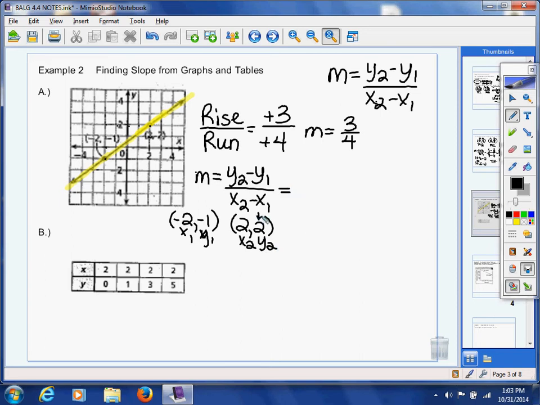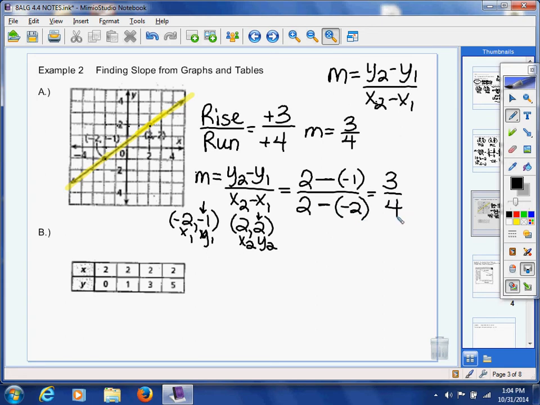y2 is right here, that's +2 minus, what's y1? -1. What's 2 minus a -1? You're right, that's +3. Okay, so let's go back to x2, that's 2 minus, what's x1? -2, and 2 minus a -2 is 4.